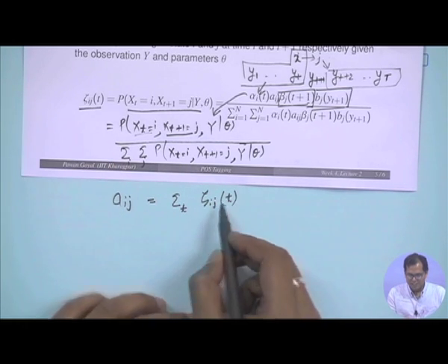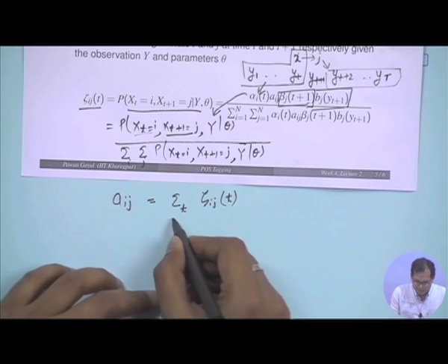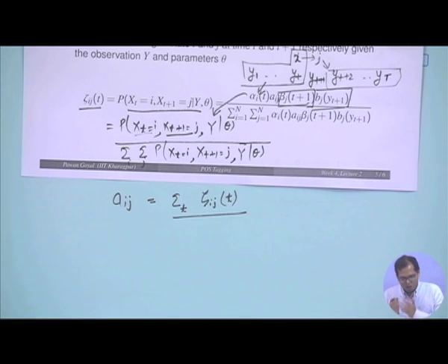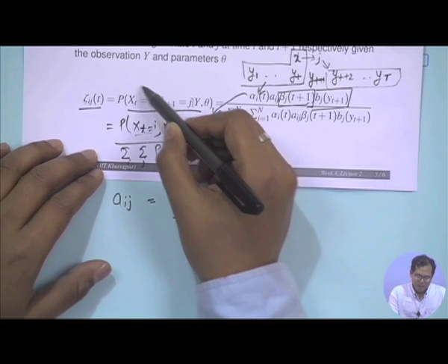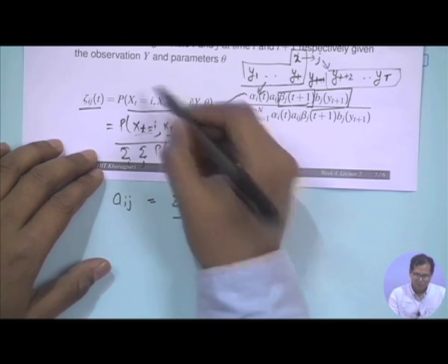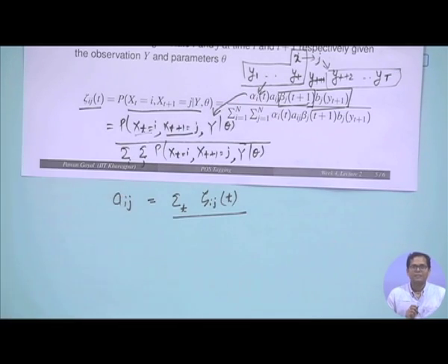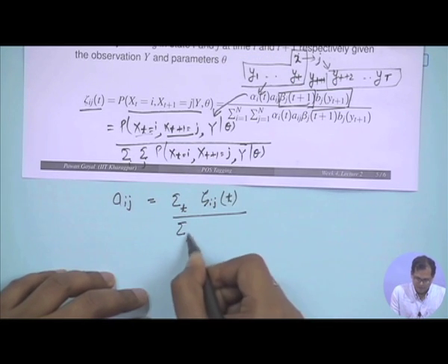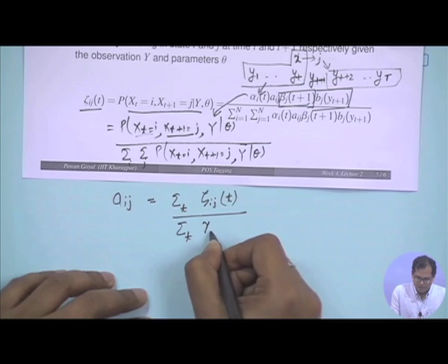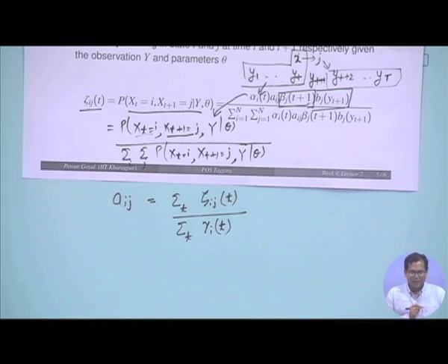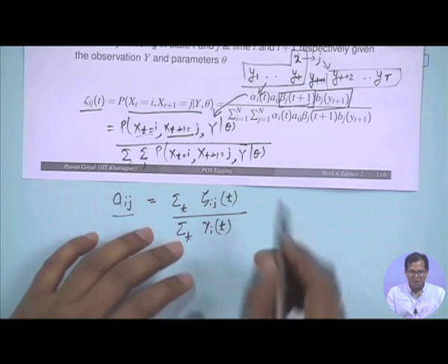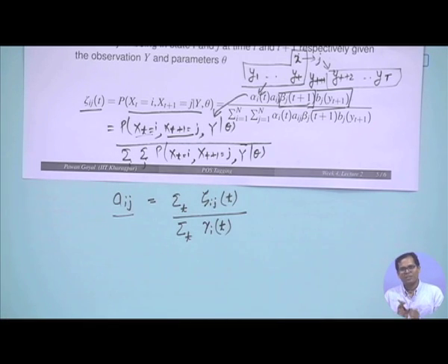Okay, zeta ij(t) is i followed by j, divided by over all the times when you are seeing the state i, and this you can compute using your gamma i. So that is summation over t of gamma i(t), and that can give me my aij. All the possible cases where all the probabilities of i and j occurring together at any point, divided by all the probabilities of i occurring anywhere.